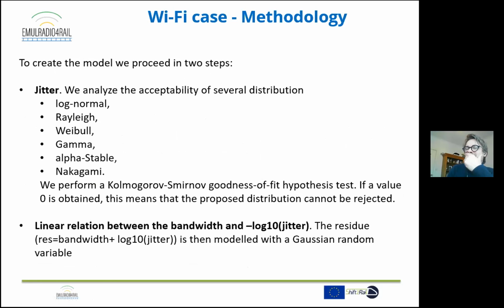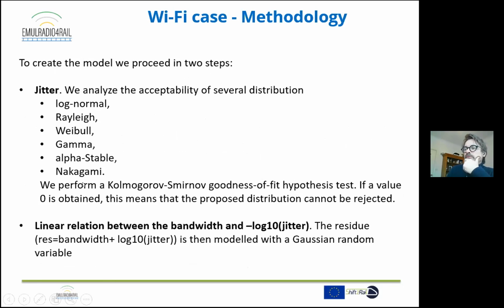The methodology we use is, first, we study the jitter. So we are going to look for the best distribution for the jitter. I present here a few distributions that I have tested. Of course, I could test many more, but if I find some that do fit, it's enough.